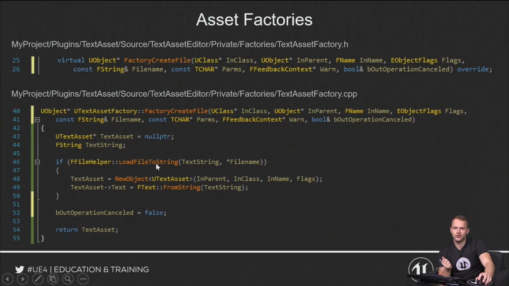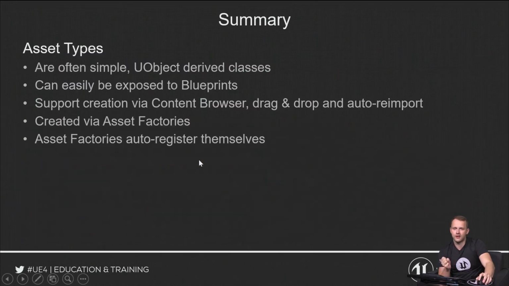In that case, we really just want to load the string. And that new method is called factory create file. It's very similar, but it only passes through the file name. And here's the updated version of the same code. And this is, in fact, the code that we're currently using in the version of the GitHub repository.